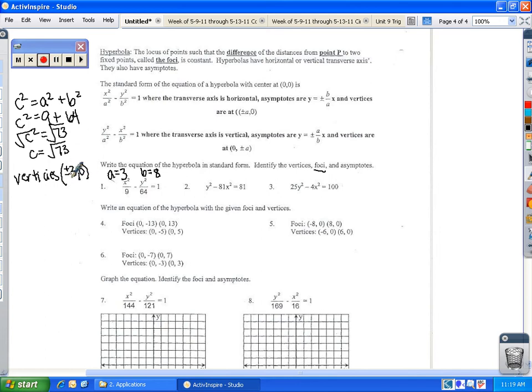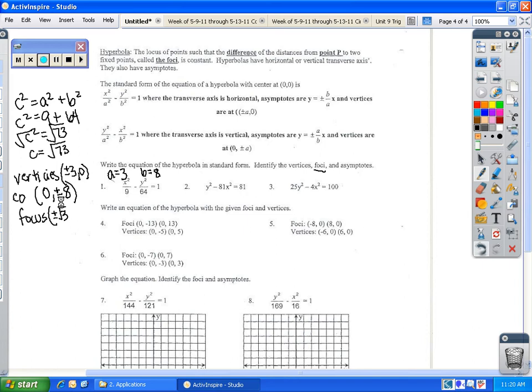Again, the x value, because we just said that the transverse axis was with the x. And then the co-vertices are going to be the opposite, 0, plus or minus the b value of 8. My focus points are going to have the same pattern as my vertices, so that's going to be plus or minus the c value of root 73, 0.